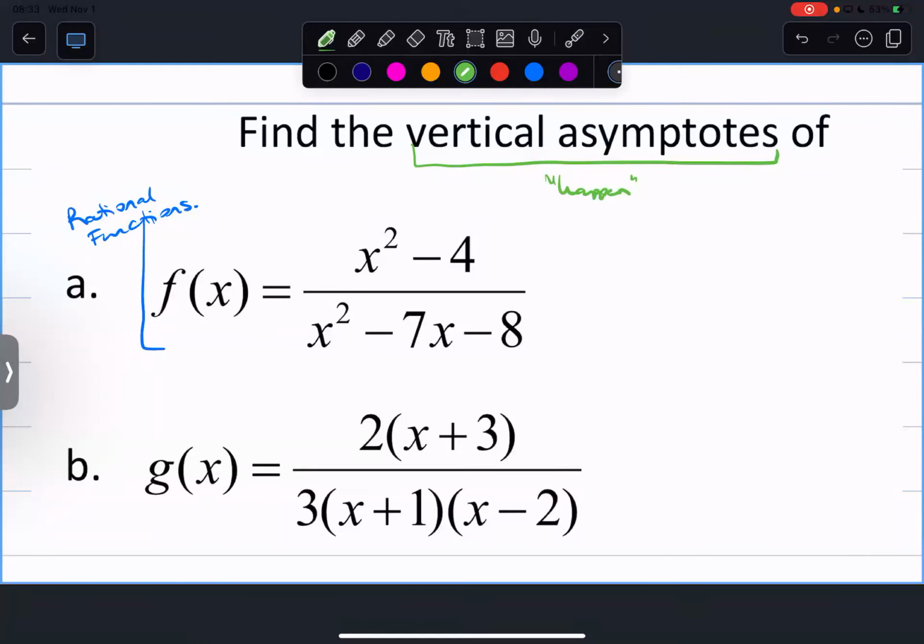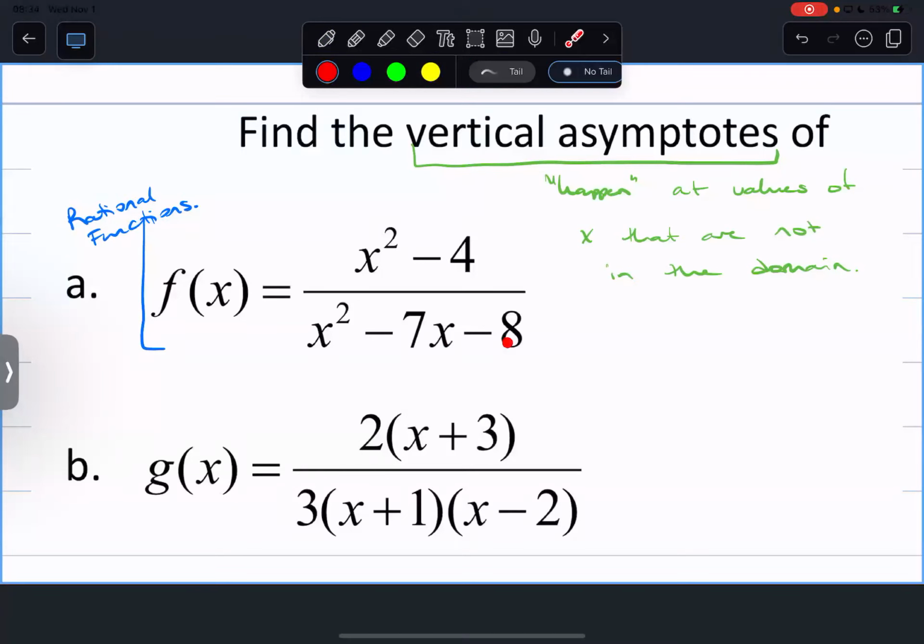It's not really proper. But vertical asymptotes happen at values of x that are not in the domain. In our case, if we just have a fraction, we're only concerned about where x squared minus 7x minus 8 equals 0. Sorry, where does this equal 0? So this cannot equal 0.